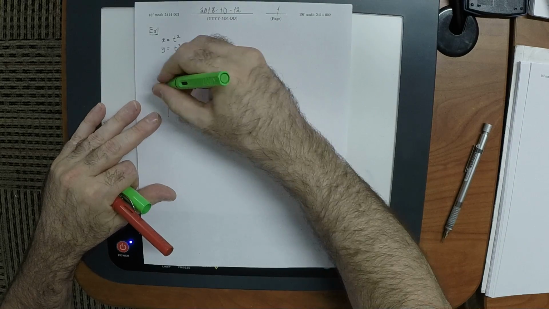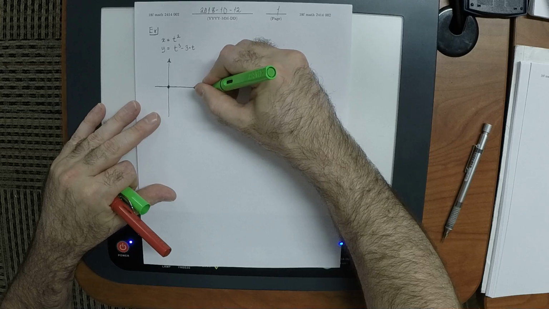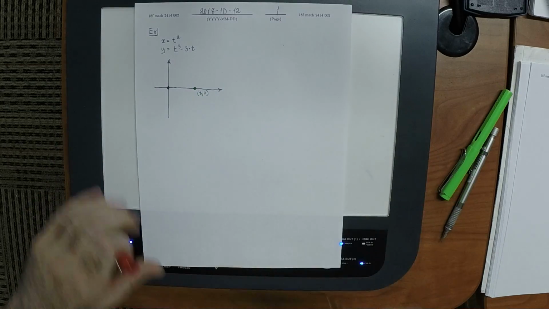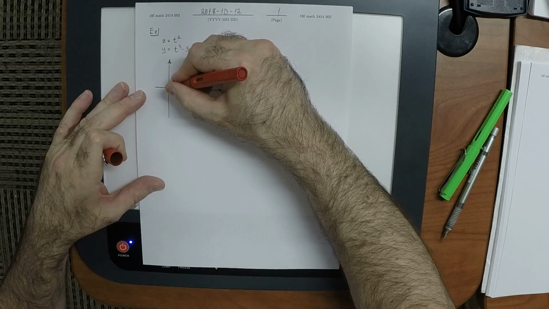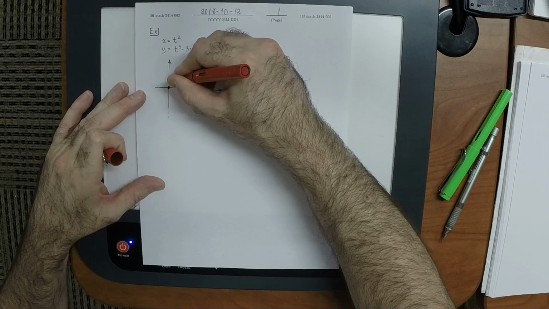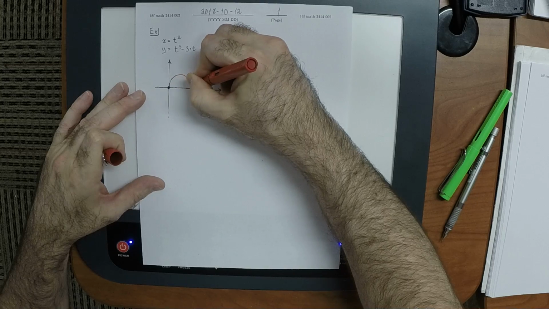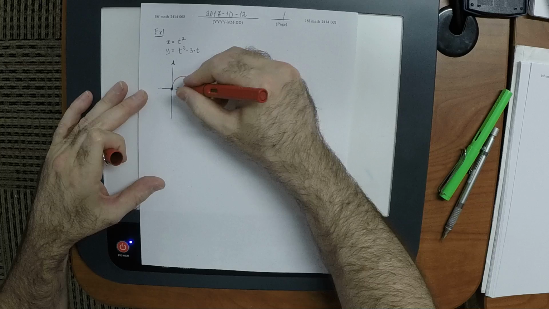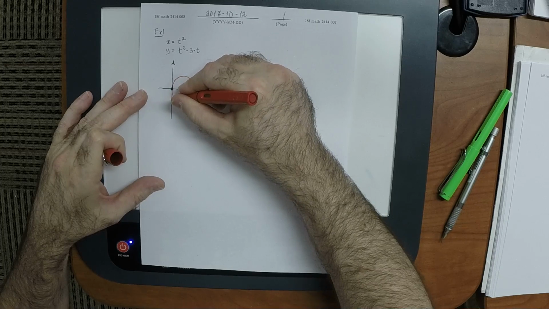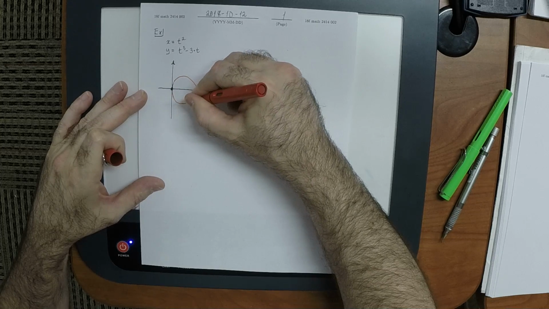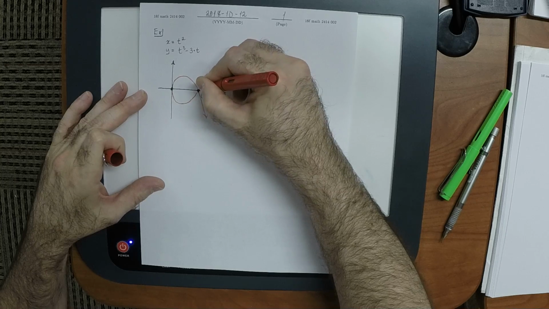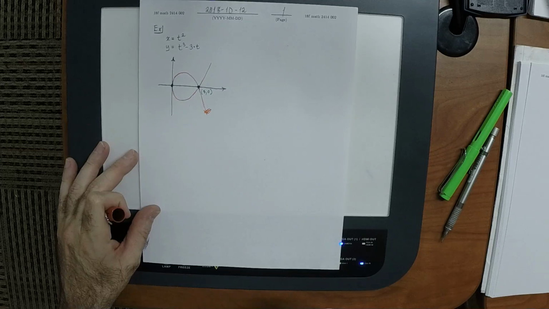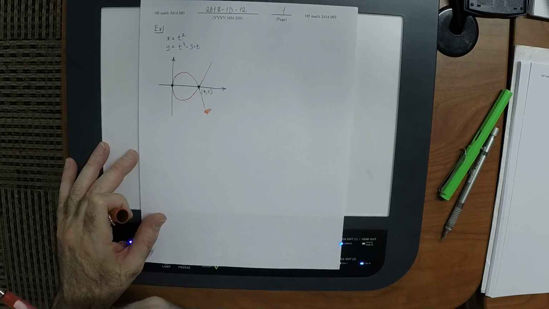Of course that's the origin, that's 0, 0, and this point is 3, 0. And you would observe something like this. Something like that, and I'm going to remove that arrow there. So you'd observe something thus.